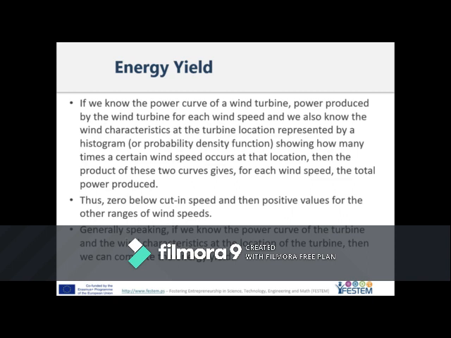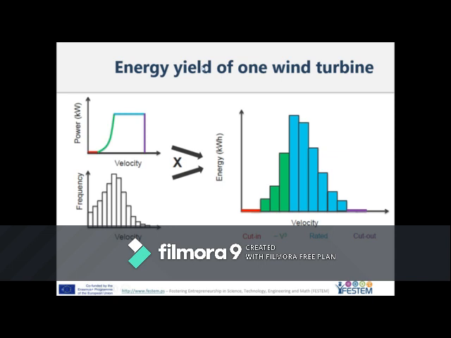Generally speaking, if we know the power curve of the turbine and the wind characteristic at the location of the turbine, then we can compute the energy yield. Basically, here's what we're showing. We look at the speed of the wind, usually the velocity.